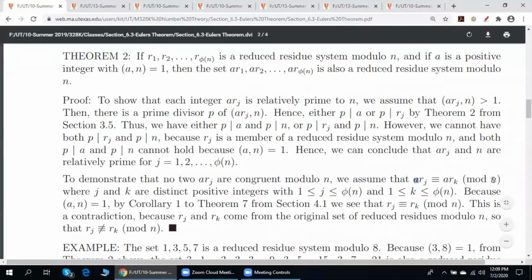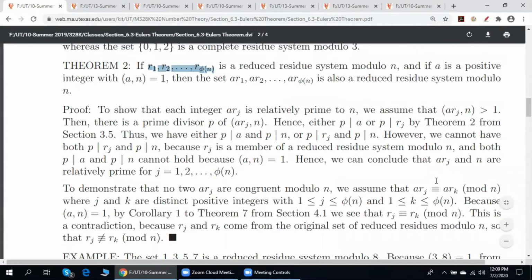a and n are relatively prime. It's written over here. Therefore, by corollary 1, we can cancel out a. Done. This is a contradiction because r_j and r_k came from the original set of reduced residues modulo n.